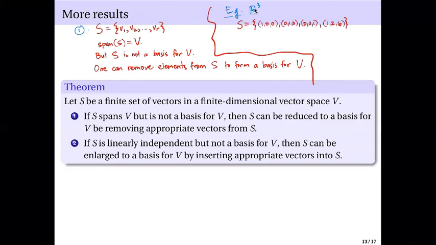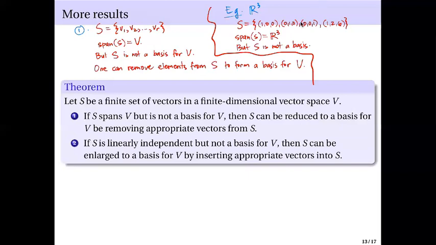Take note of this. The dimension of R3 is 3. S contains 4 elements. So this cannot be a basis. The basis must only have 3 elements because your dimension is equal to 3. So the span of S is still equal to R3, but S is not a basis.